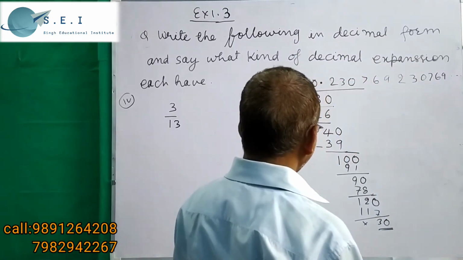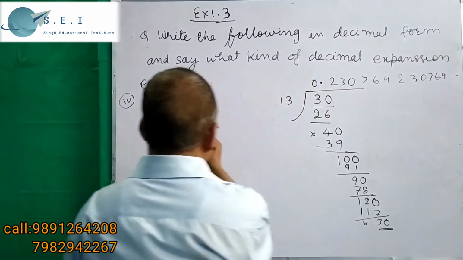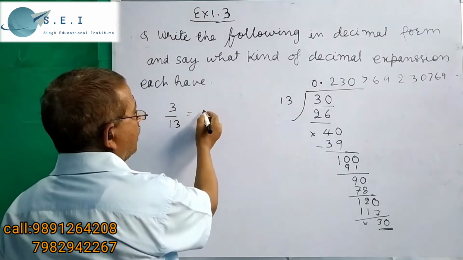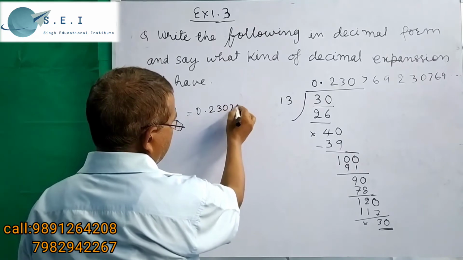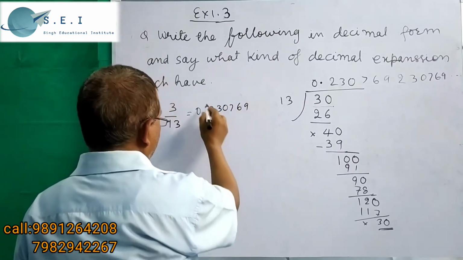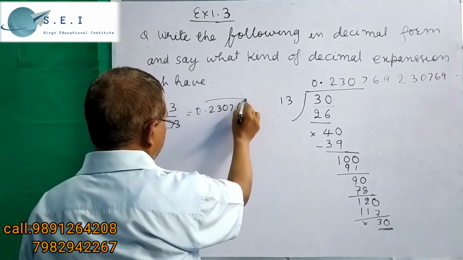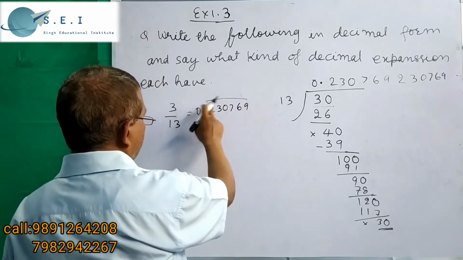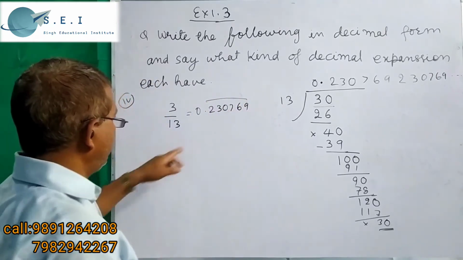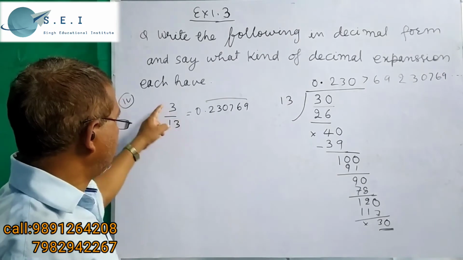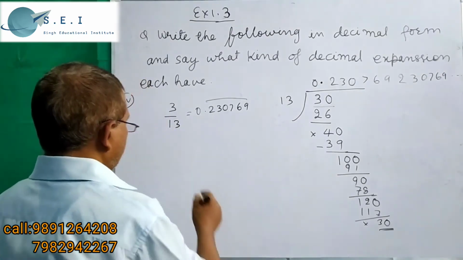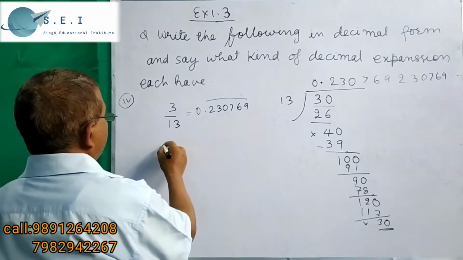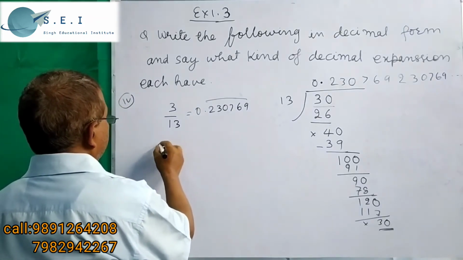Thus the answer for 3 by 13 is 0.230769 and the same block is repeated. So the bar is put from the beginning to the end. So 3 by 13 is expressed as this, which is a repeating but non-terminating decimal expansion.